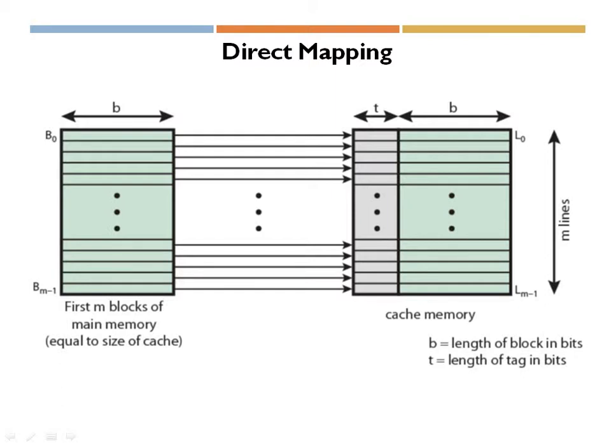B0 is mapped with line L0, and Bm-1 is mapped with line m-1. So this is called direct mapping, where there is one-on-one mapping, and the size of my cache is equal to the size of my main memory blocks.